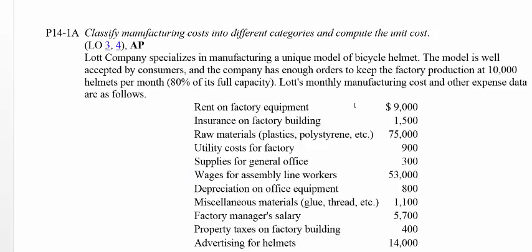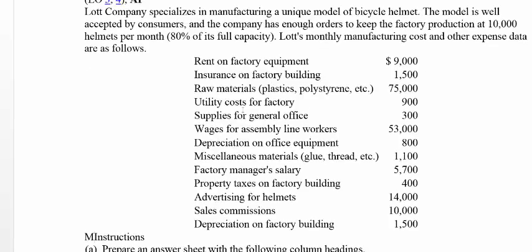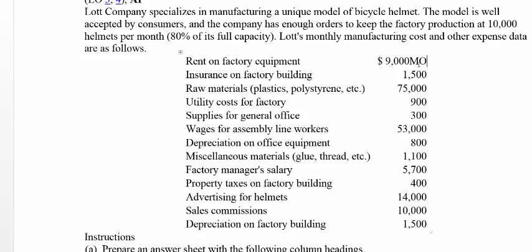All right, so let's go through here and classify these items on our list before we plot them into their respective areas. Rent on factory equipment, manufacturing overhead. All right, so let's plot in here MOH.